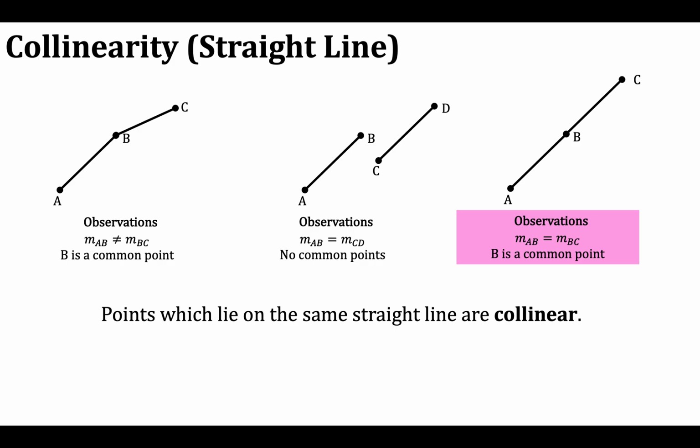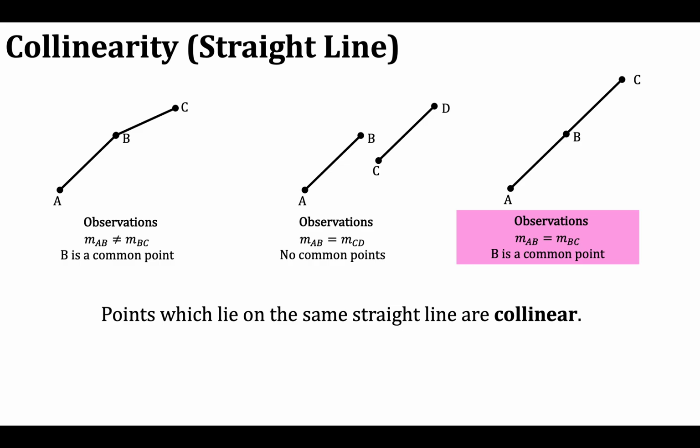So in order for points to lie on a straight line, i.e. points which are said to be collinear, we should observe that the gradient of the line joining two of the points is equal to the gradient of the line joining the other 2 points. And we can see in there that we had a common point as well. And as long as we had those two conditions, that then meant that the points were collinear.